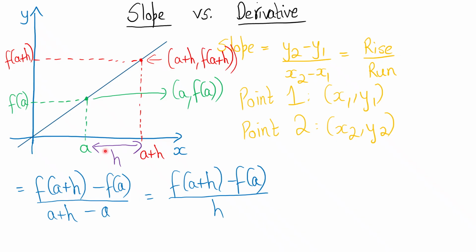So I'm going to define the instantaneous rate of change at the green point to be the limit as this distance, the h, goes to 0 of this expression here. And that is exactly what the derivative is. So let me write that down.